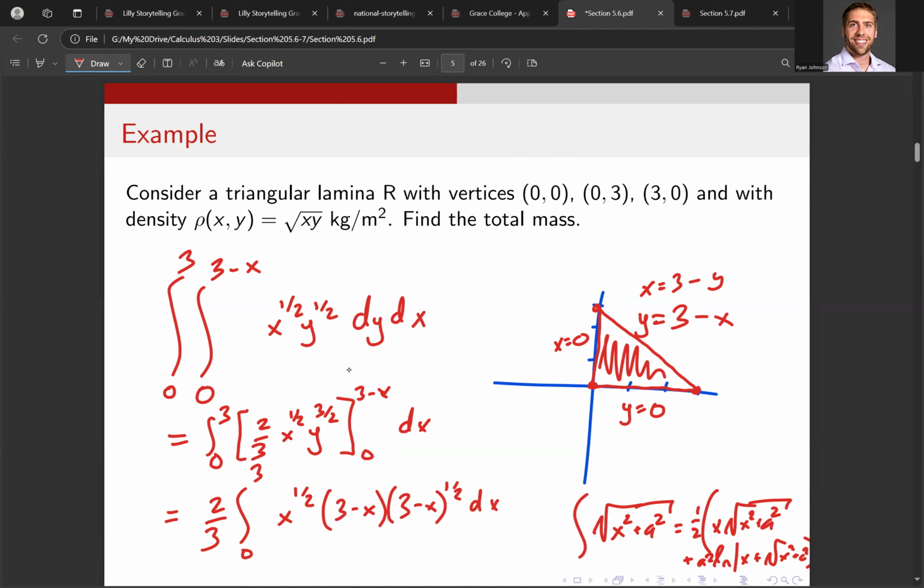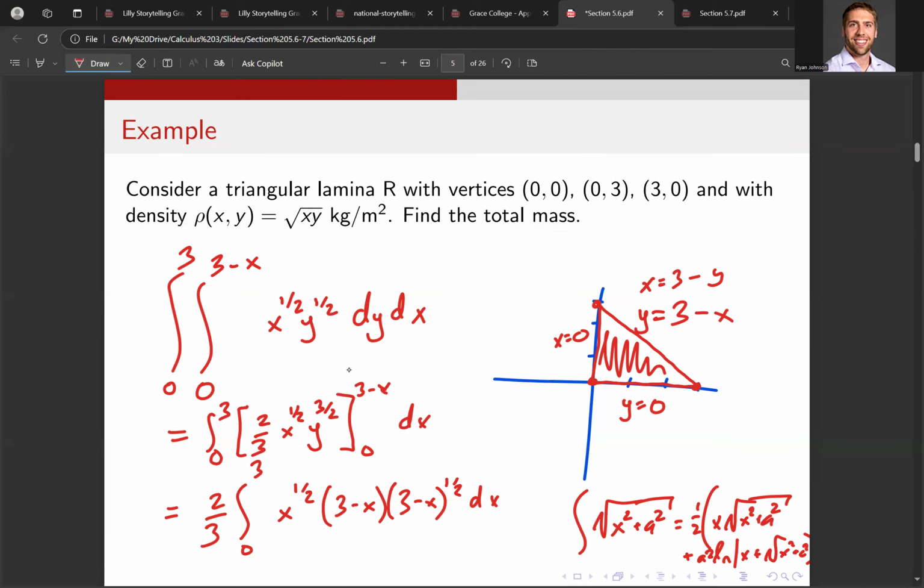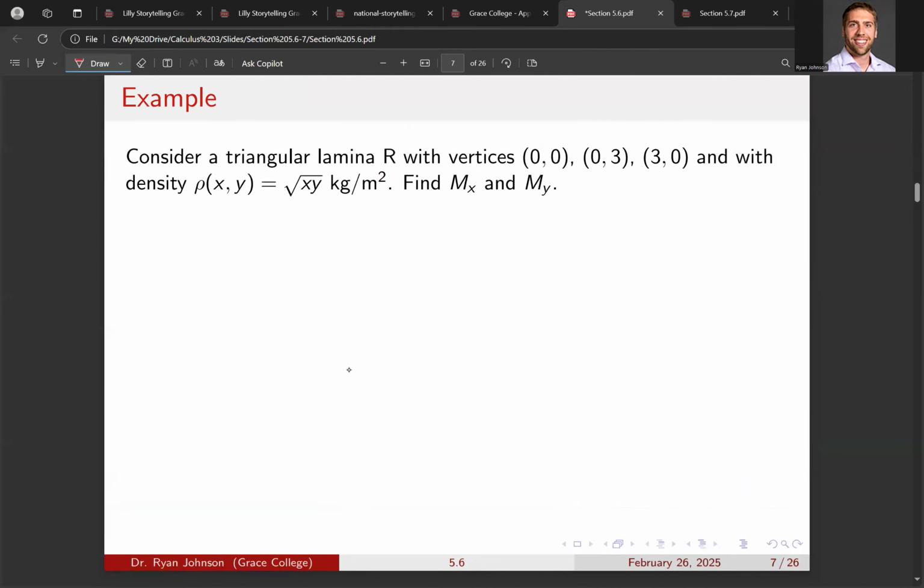So, pick your poison. 0 to 3, 0 to 3 minus x. And so then we'd have x to the 3 halves, y to the 1 half.